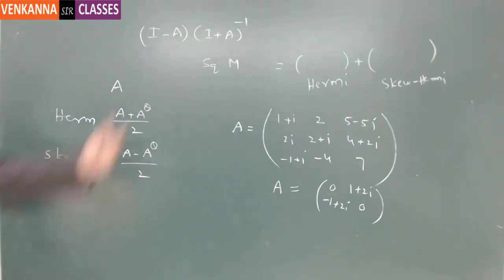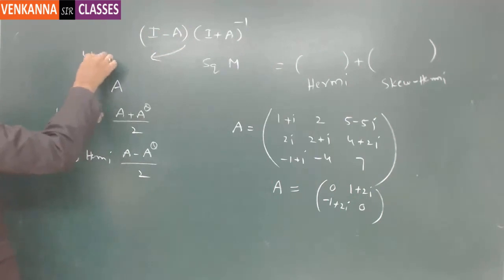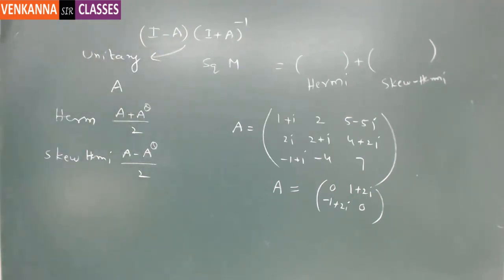I am saying that this result is a unitary matrix. I think it is also a previous year question. You know what is meant by a unitary matrix: A dot A^θ is equal to I.